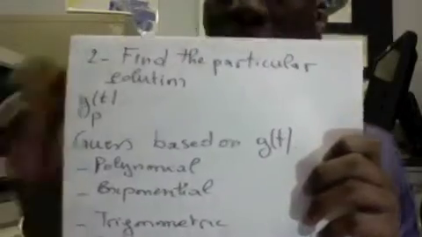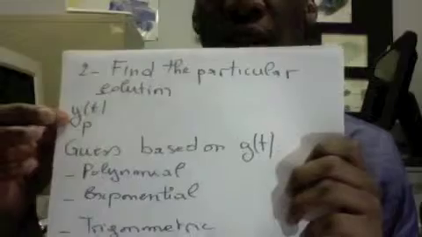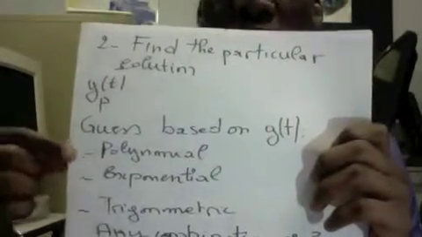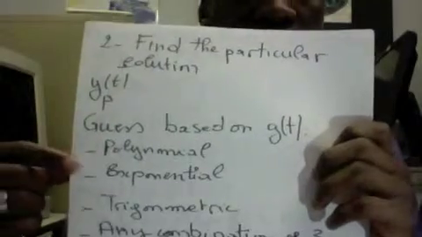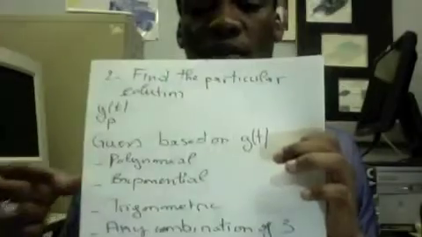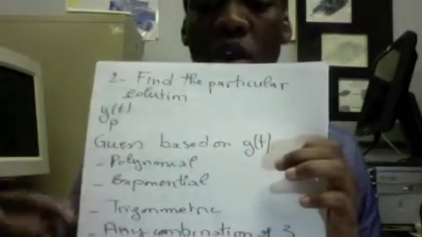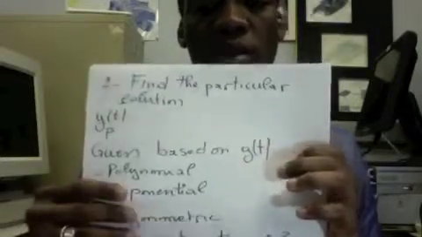And how yp(t) will be different whether g(t) is a polynomial, an exponential, or a trigonometric function, or any combination of those 3.